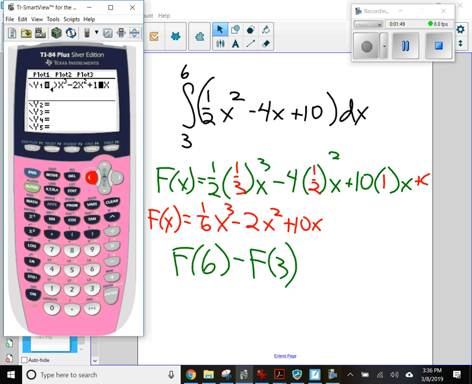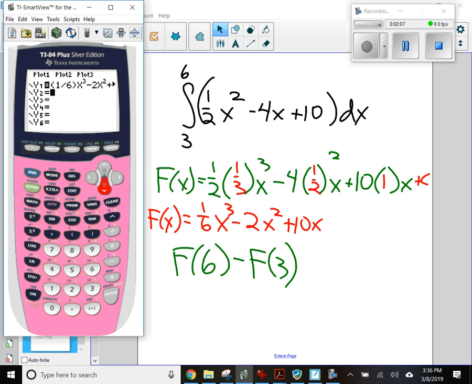But I do want to show you that I put my 1/6 in parentheses, so I make sure it's 1/6 times x cubed as opposed to 1 divided by 6x cubed. So again, use your parentheses.